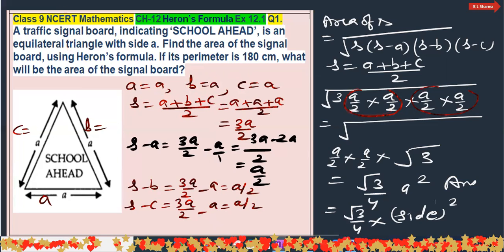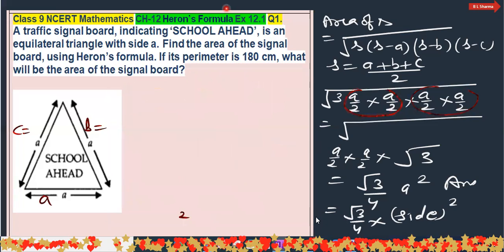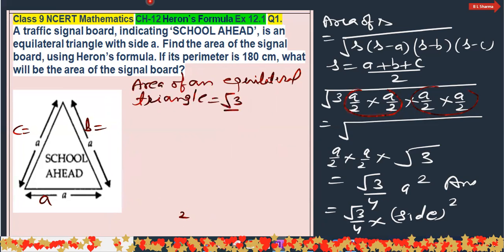So, you can write here, therefore, we can write here that area of an equilateral triangle is given by root 3 upon 4 into side square. This is a very important formula.